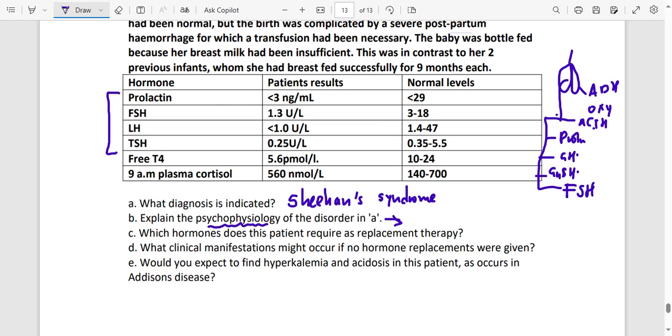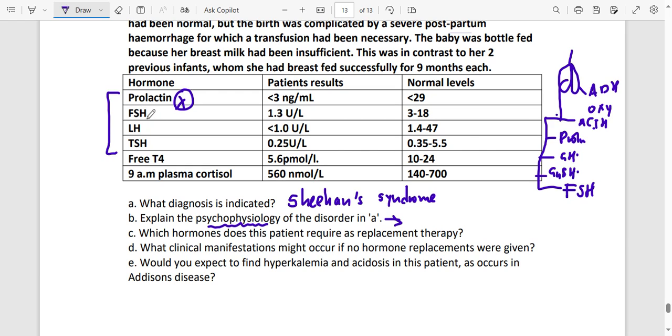Right. Which hormones does this patient require as replacement? Anyone? They're already here. So we can see prolactin is low, except there is no replacement for prolactin.